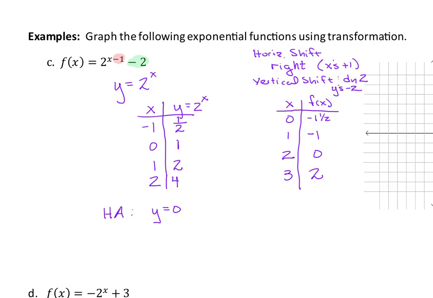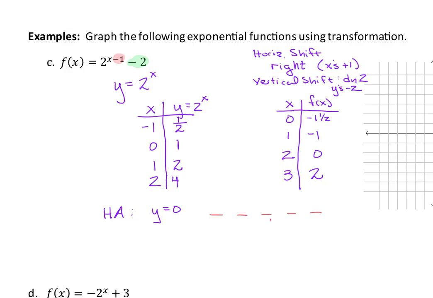The last thing that we want to do is figure out, okay, what happens to the asymptote? We originally have an asymptote that is horizontal. It's going to be going side to side. And so my horizontal shift is not going to affect this. If I move it to the left or right, it doesn't really matter. For here, if we move it to the right, it's still going to be the same line.